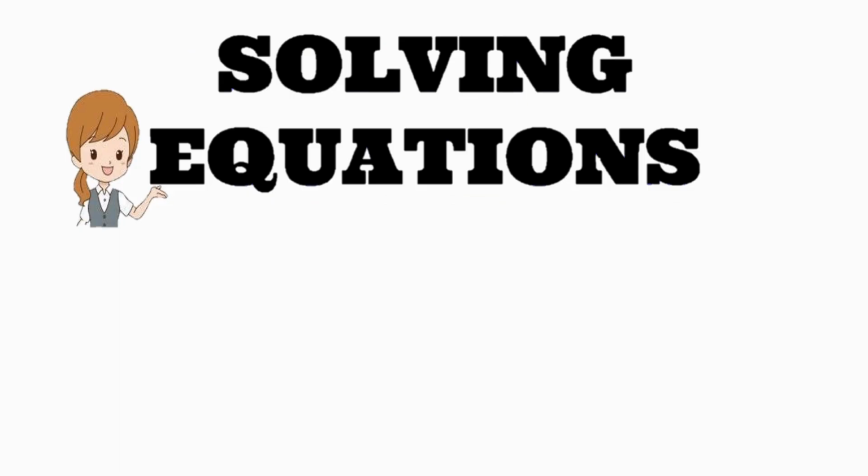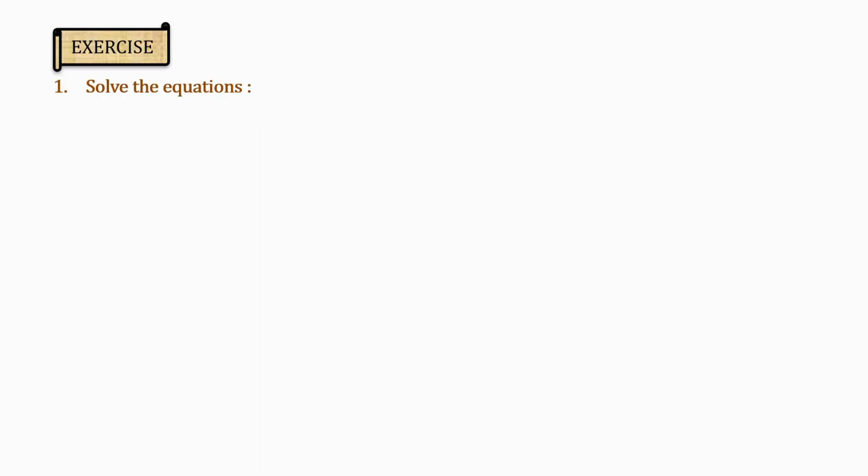Now let us take a look at how you are going to solve the equations. Exercise, question number 1. Solve the equations. x minus 2 equal to 7. Let us take a look step by step at how you are going to solve this equation.